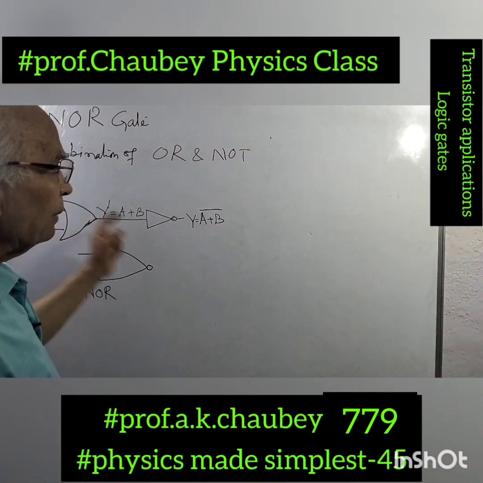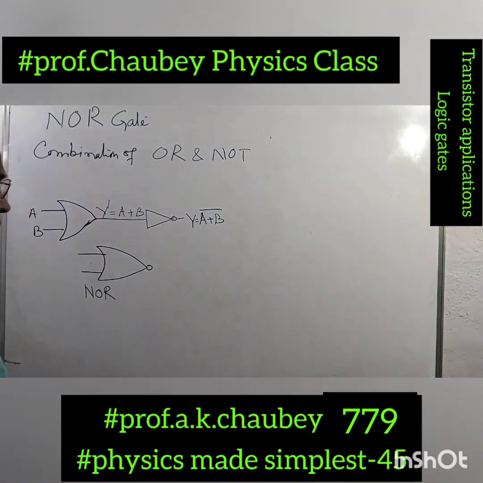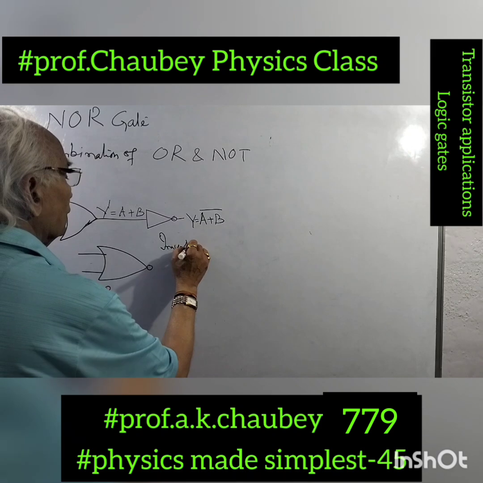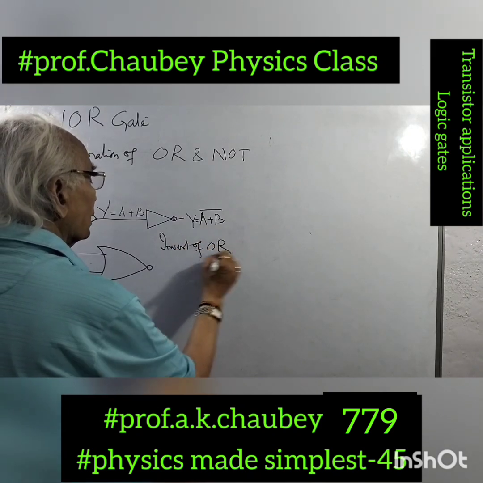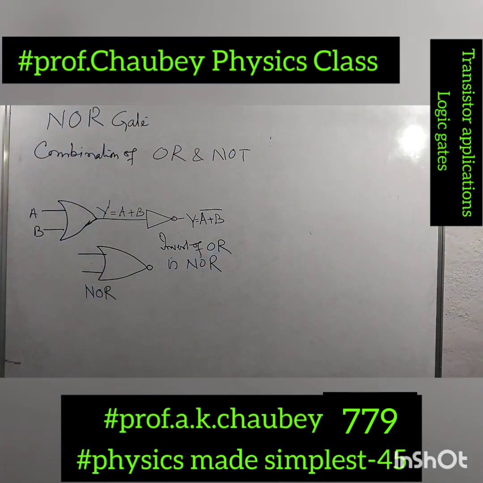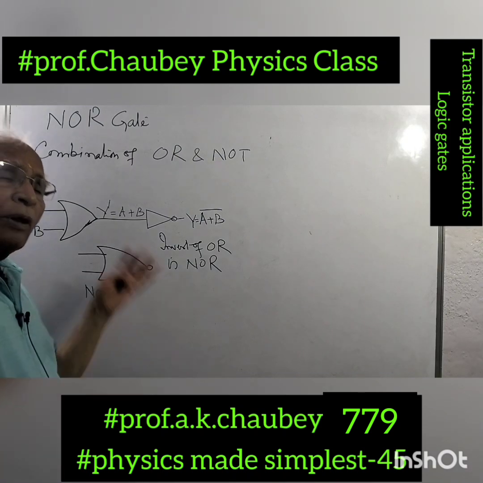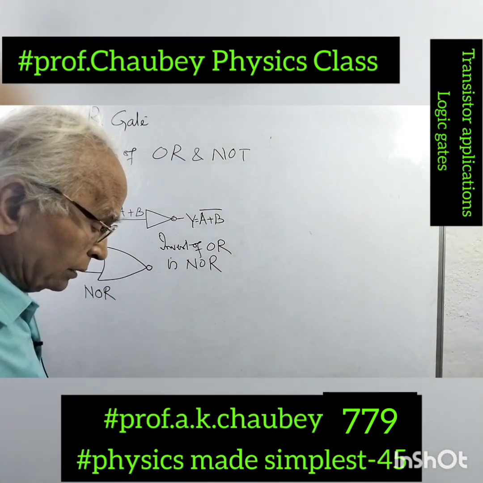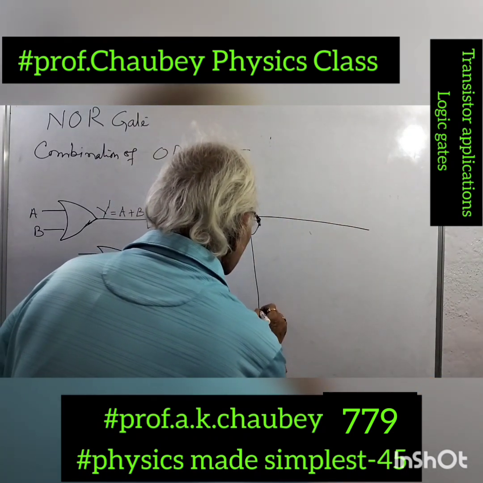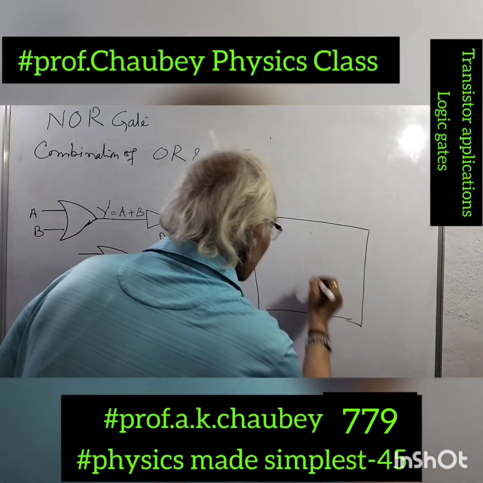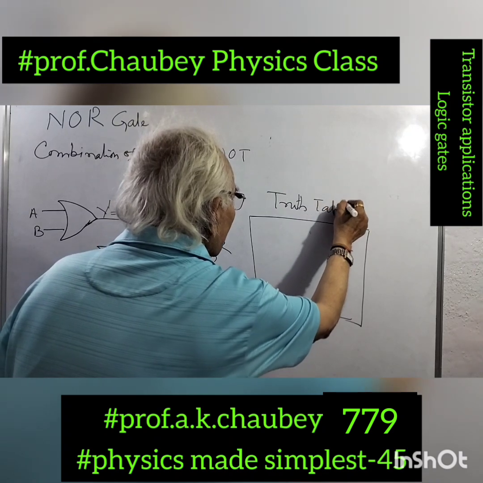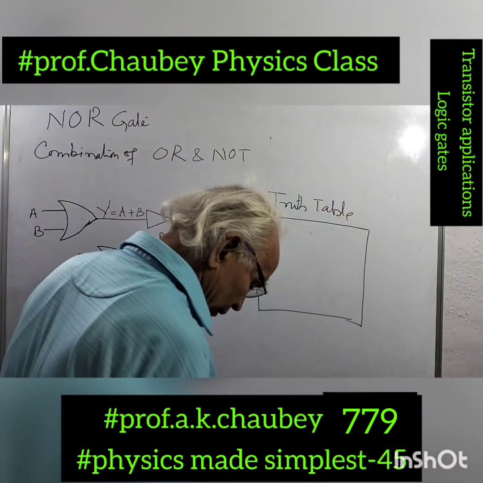NOR means OR combined with NOT, the invert of OR. So these are the logic circuits which operate under some logic, and you can make the truth table of this. What is the truth table? That is input and output.